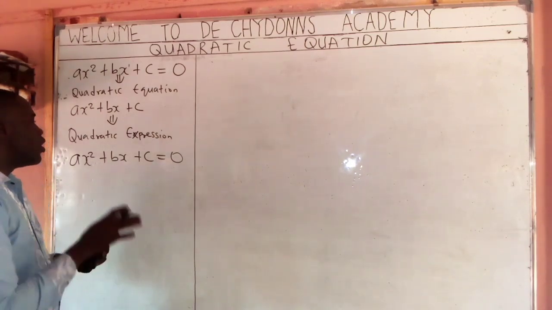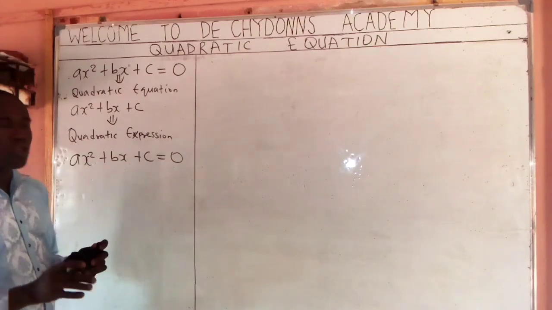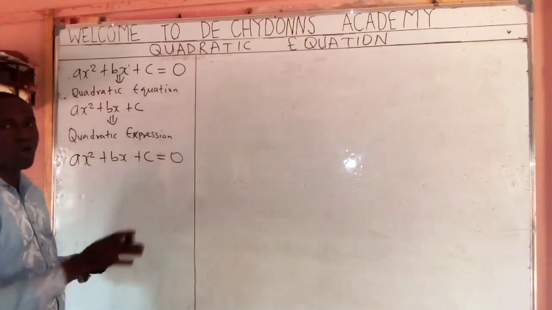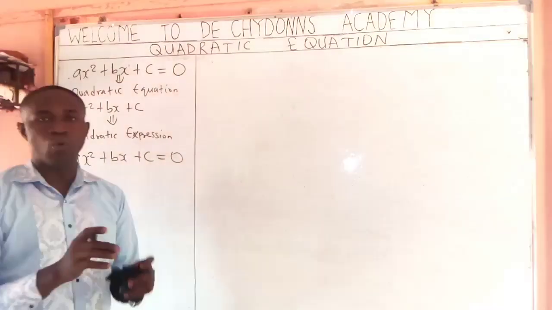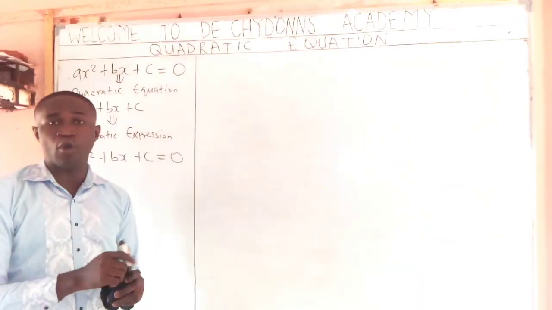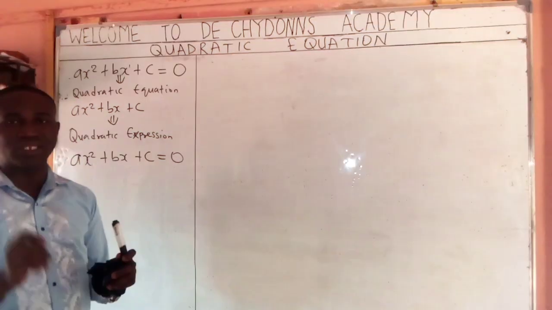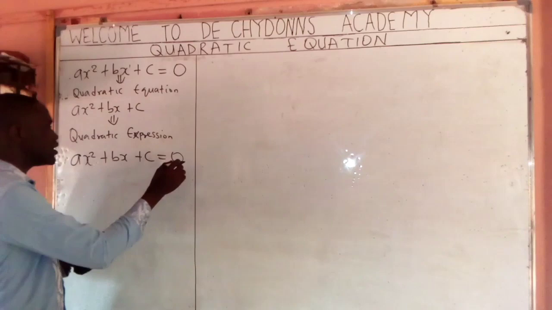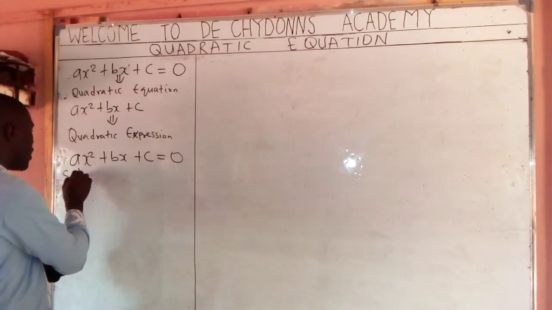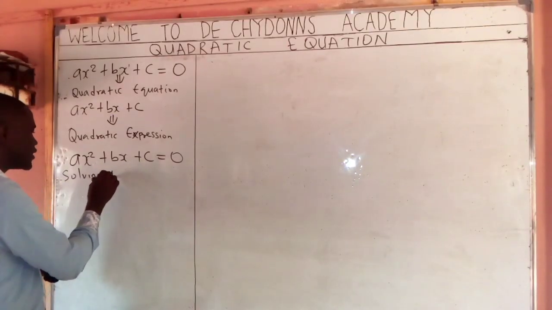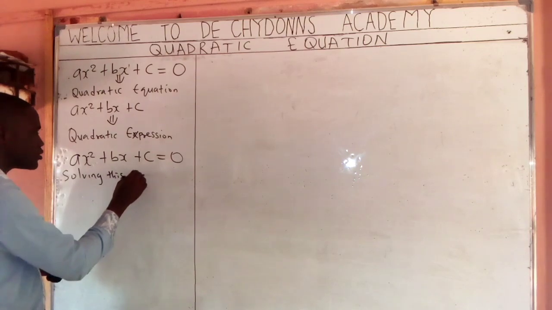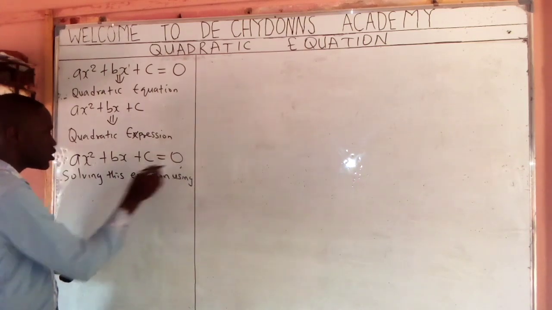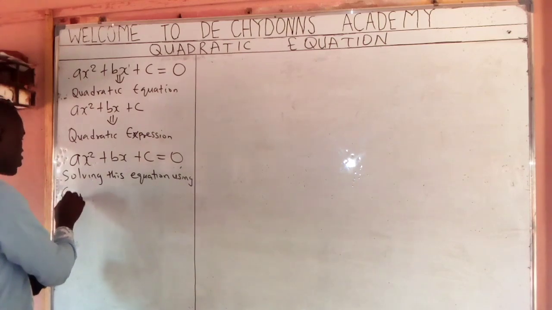I repeat, when you use completing the square method to solve this general form, you will get what we call the quadratic formula. The one people call the almighty formula, but the name is quadratic formula. See what we mean? Solving this equation using the completing the square method.